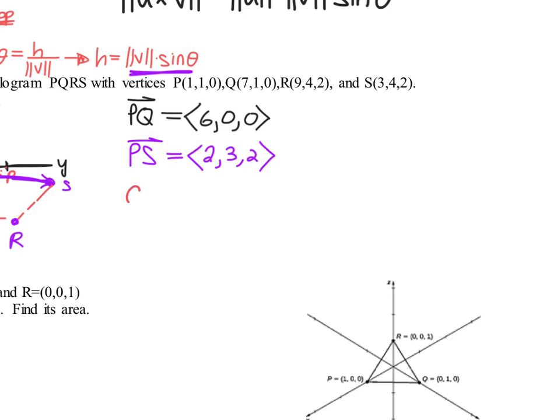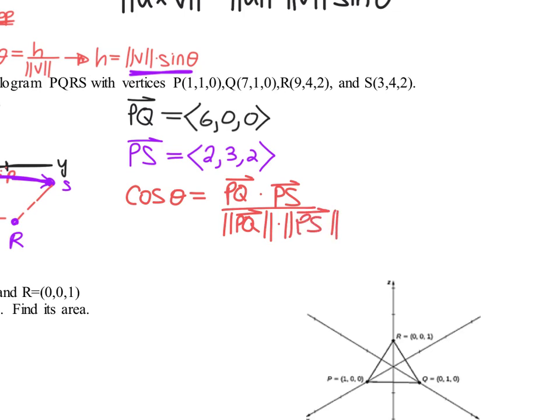If that's the case, I'm going to find cosine of theta is equal to the dot product between the two vectors over the magnitudes of each of the two vectors. Dot product's easy because there's a lot of zeros in there.